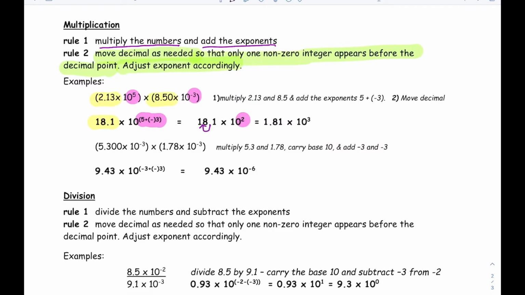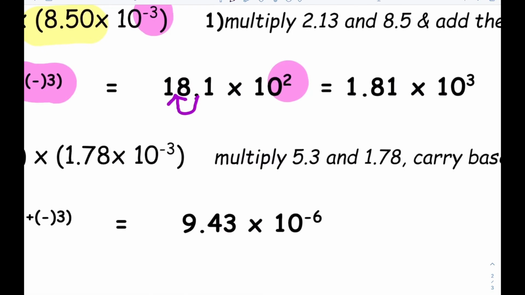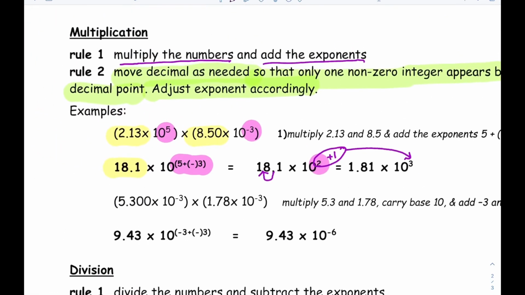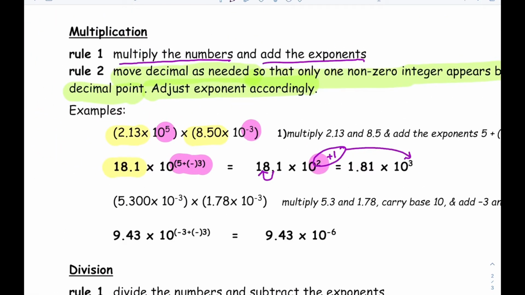So if I move the decimal over 1 place to the left, that means we're going to have to add 1 to our exponent. So instead of 2, we now have 2 plus 1, which is 3. So that gives us 3 as our exponent. Okay, and then you can take a look at the next example if you would like to review that later.